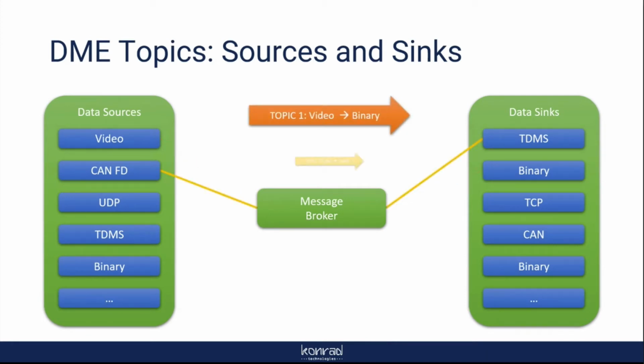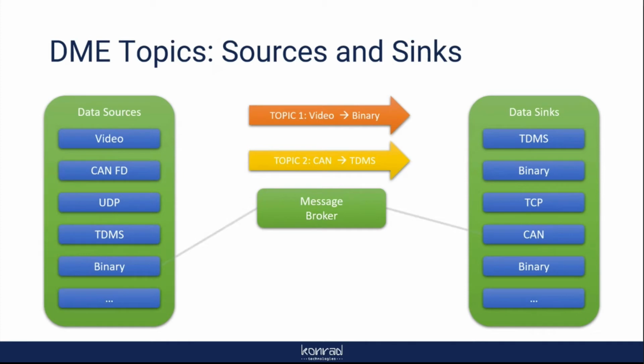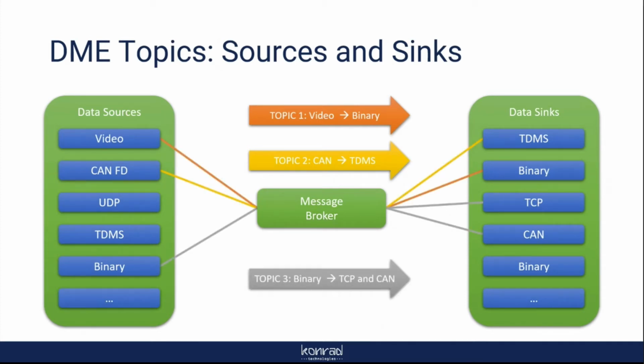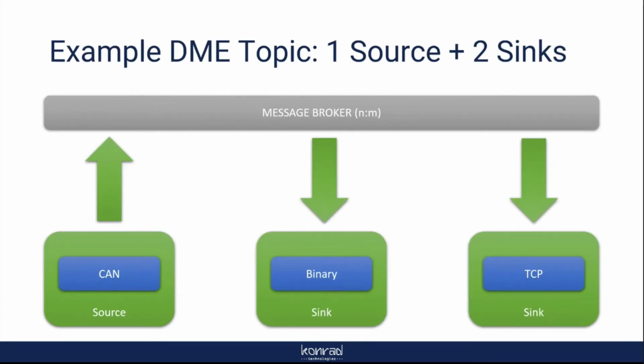Data sinks can then subscribe to those topics and receive the data messages. So for example, we might have a video to binary topic or a CAN to TDMS topic. Just like the sources can be hardware or software, sinks can also be file types or hardware interfaces, allowing captured data to actually be played back. The message broker behaves a little bit like a many-to-many queue.